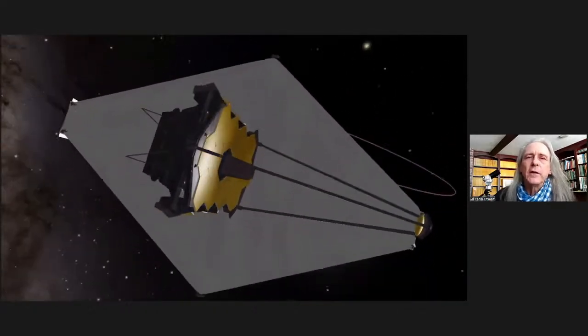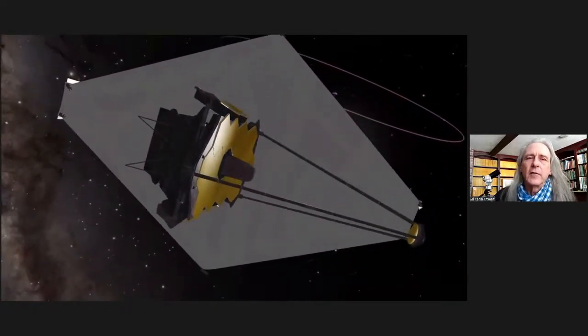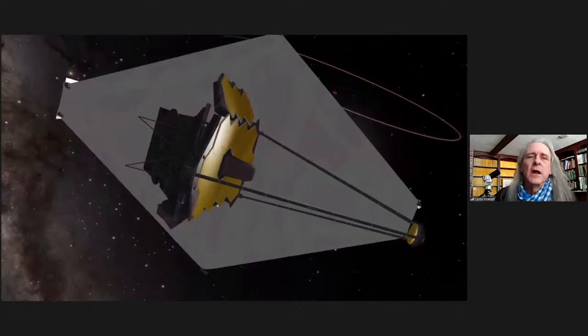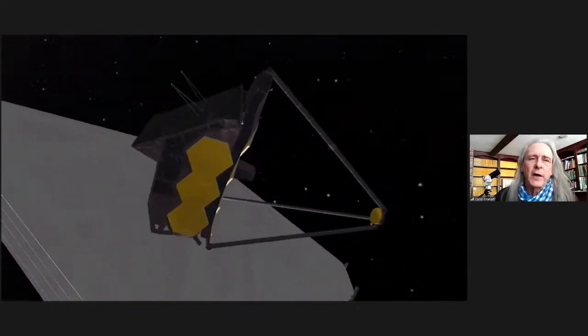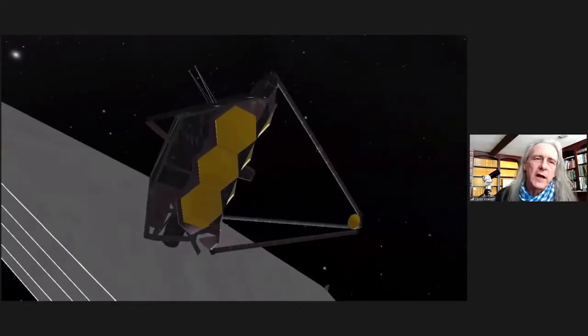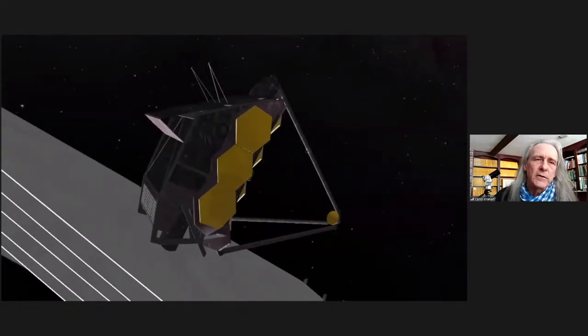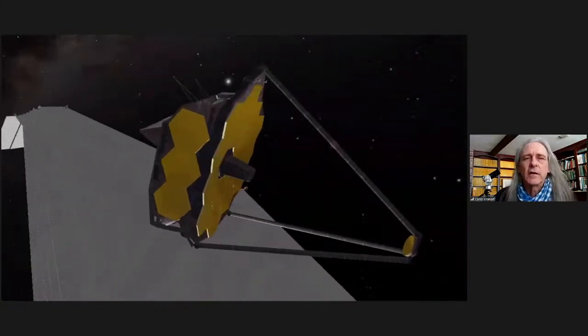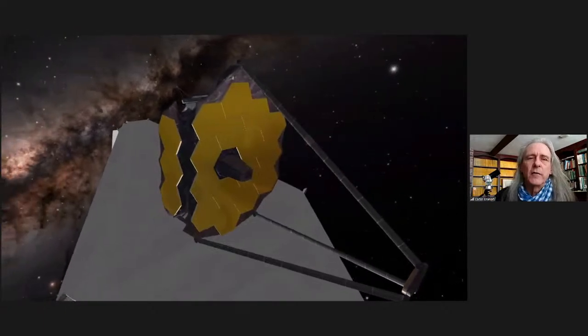Now, the 2 wings of the mirror segments are finally completed and rotated into place. There is also, I didn't mention it, but off the back, a radiator panel that's deployed to get rid of some of the waste heat of just the electronics of the mission.